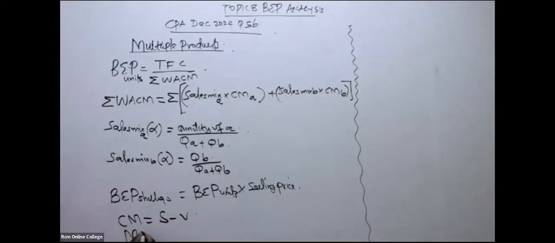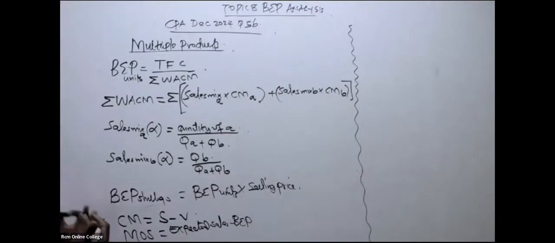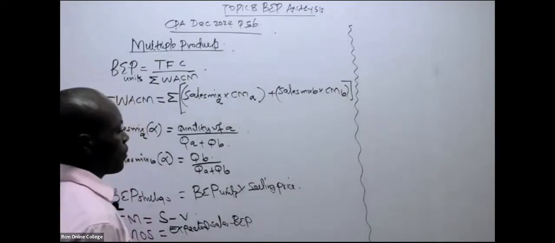Margin of safety, don't forget that, is equal to expected sales minus break-even point. It can be in shillings or in units. This is not changing anytime soon. Our total fixed cost is still the total fixed cost.